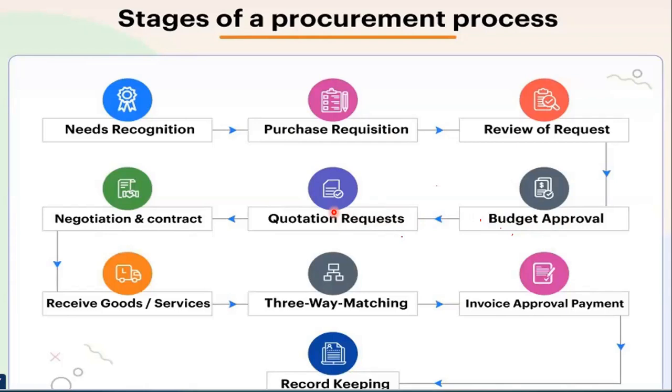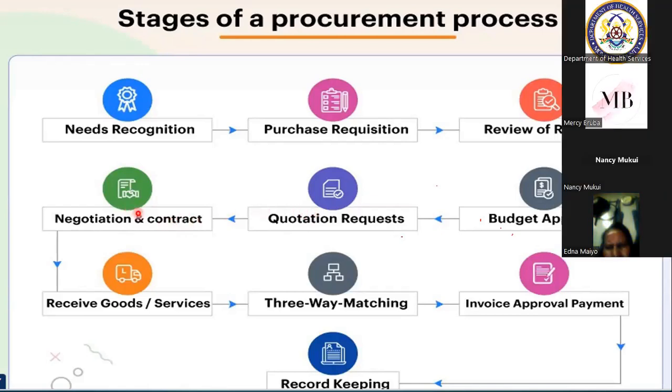After that, at this stage the lowest bidder is appointed, and we come into a contract between the supplier and the department, and we have the negotiation at this stage.